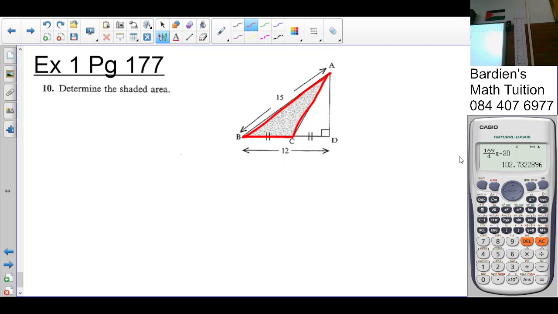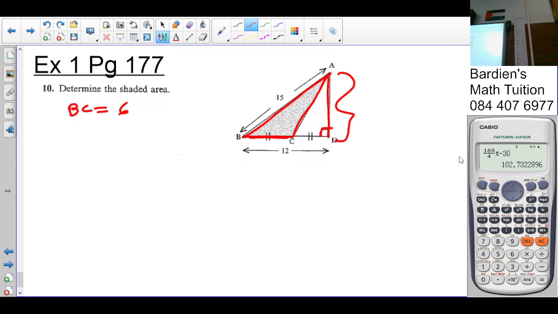Okay, do we have a base? Yes, BC, which is 6. Why? Because that is given equal. BC is equal to CD. And what is my perpendicular height? AD. Not so? As you can see, it's spanning 90 degrees to the base. Can you see that?